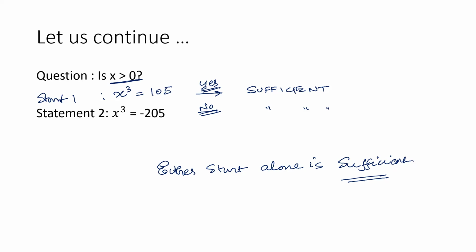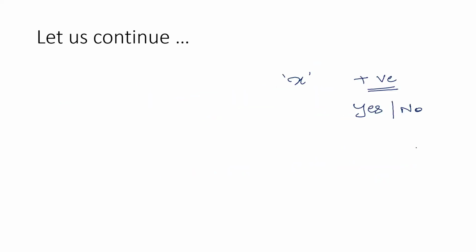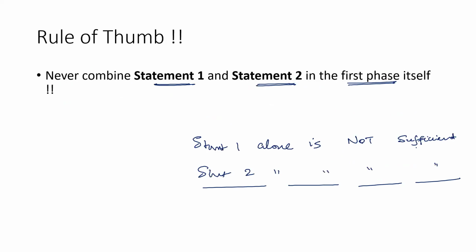Please don't think that way, because you are not supposed to combine these inputs together, as either statement alone is sufficient enough to answer the question. Sufficient means no need to combine statement 1 and statement 2, because you know the rule: you should combine statement 1 and statement 2 together only when you are sure that individual statements alone are of no use.